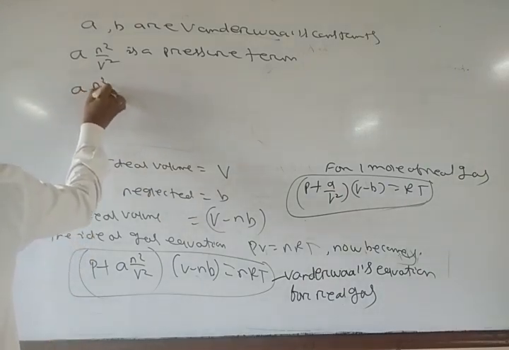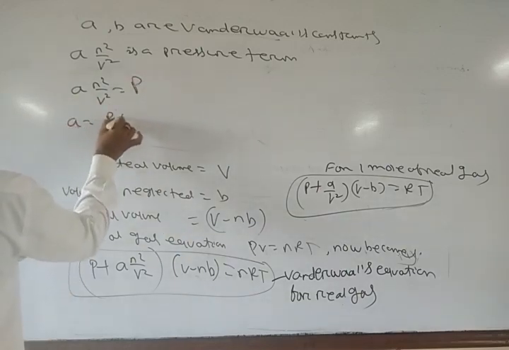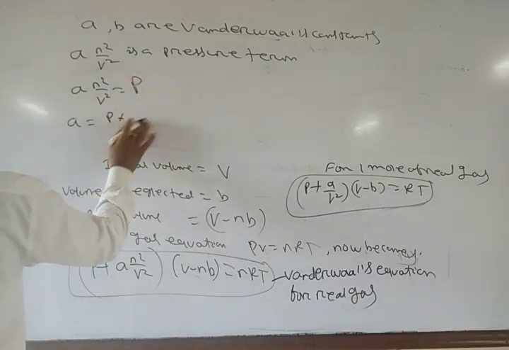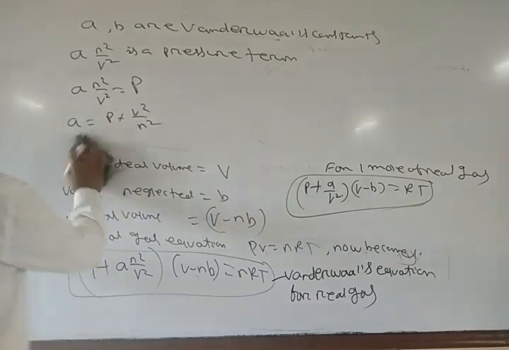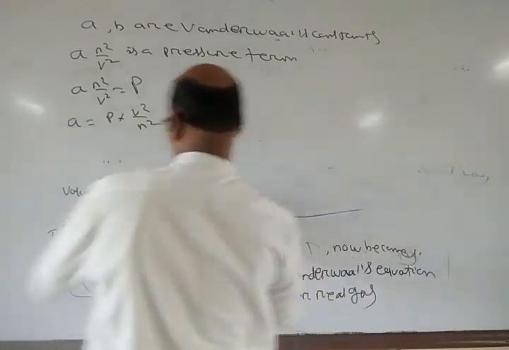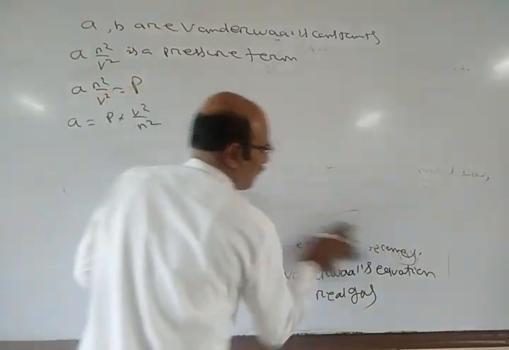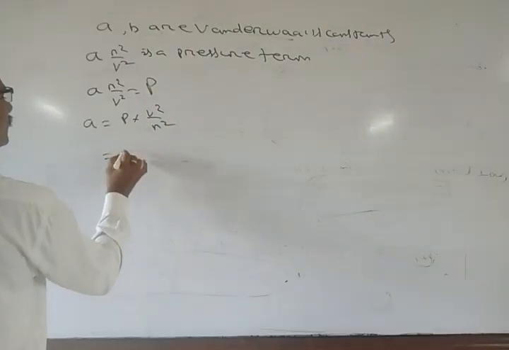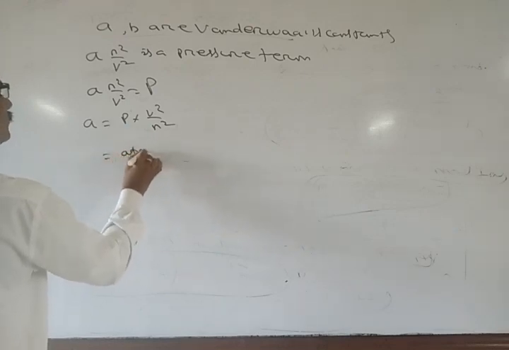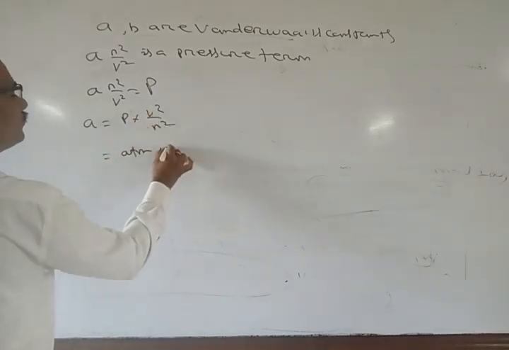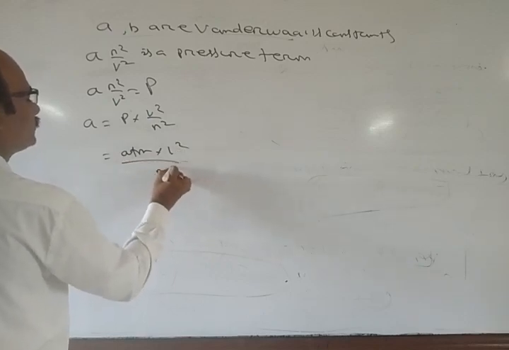So a n square by V square you can say is P. So a equals P times V square by n square. P means atmosphere pressure, V is volume in liters, square, by mole square.